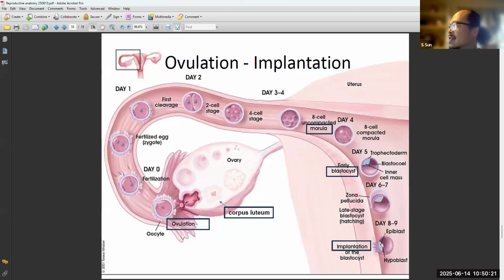And then here you have the inner cell mass. The inner cell mass will start to generate two layers, the epiblast and the hypoblast. You have two layers, and those two layers will later become three layers. Those three layers are the germ layers that we mentioned earlier when we talked about tissue: endoderm, mesoderm, ectoderm.